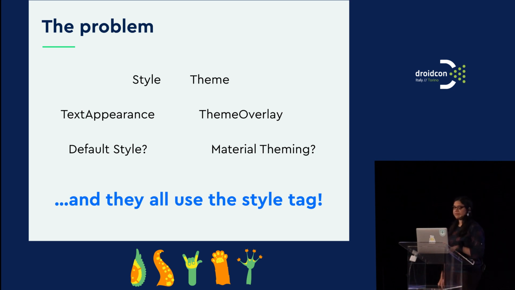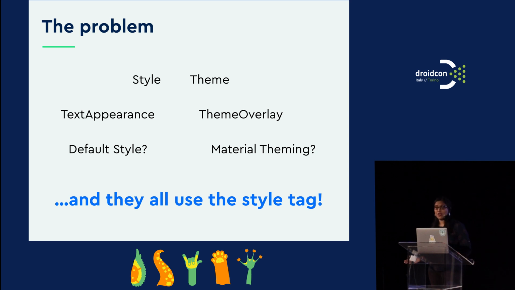Material theming, when I first learned of this, I was kind of confused. Is this the same thing as Material Design 2, Material Component? Does it have anything to do with the regular Android theme? And the fact that makes it all the more confusing is that they all use the style tag.